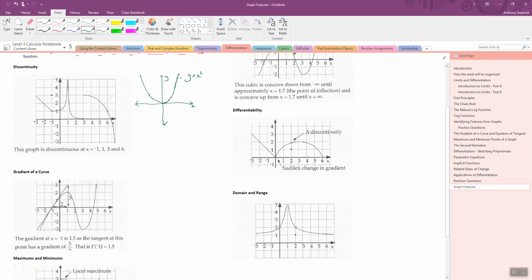Now, this idea of continuity or discontinuity: a continuous function is a function where, if you can draw the function without lifting your pen from the paper, i.e. there are no breaks in the function, we call that a continuous function.